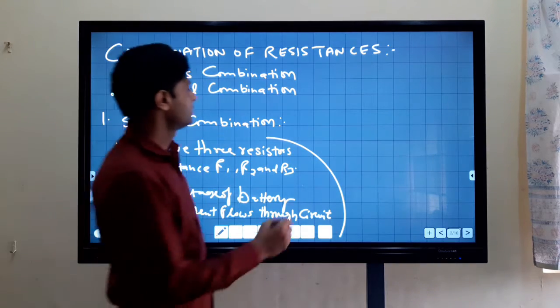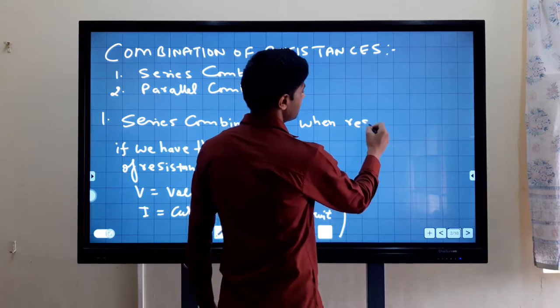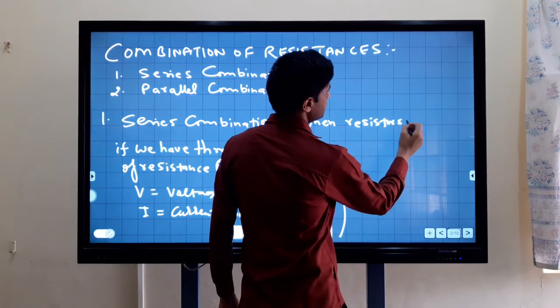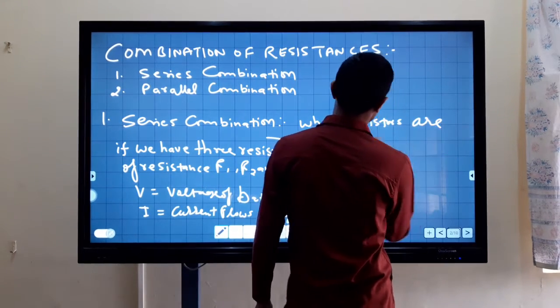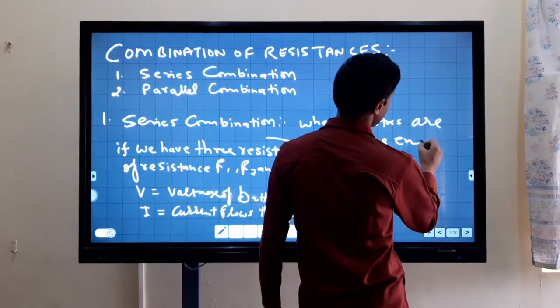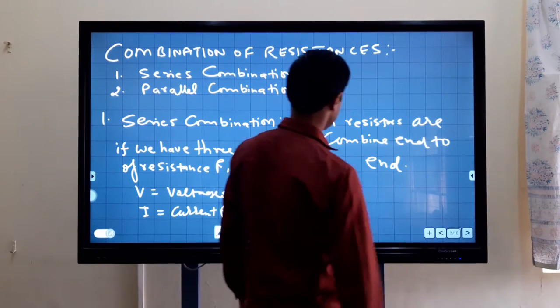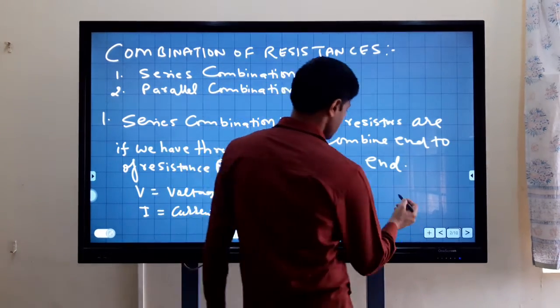In series combination, resistors are combined end to end.